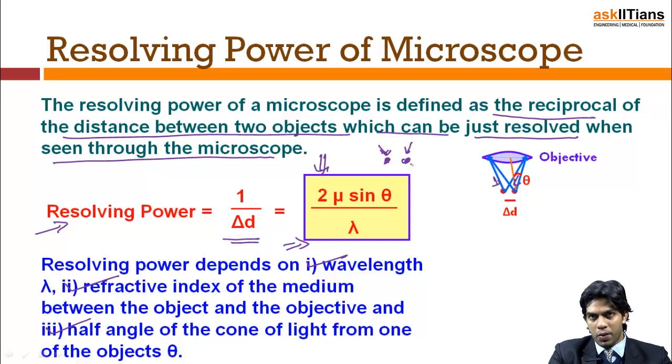If they are not separated, or the resolving power is not good enough, then I might miss out on the distance between these two particles, which might be a very important parameter in my calculation. So the resolving power of a microscope is very important. It needs to be very high, so I can play along with these parameters to increase my resolving power.